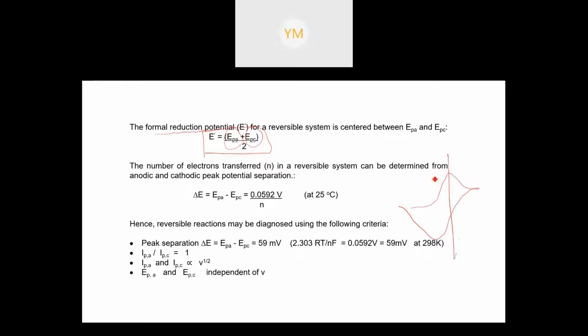Let's say you have this. This is EPC. This is EPA. Let's say this is 0.1 volt. So this is, let's say, 0.4. This is 0.35 volt. Okay. So you get this 0.4 plus 0.35 divided by 2.